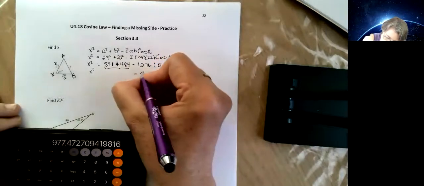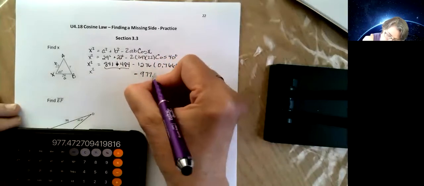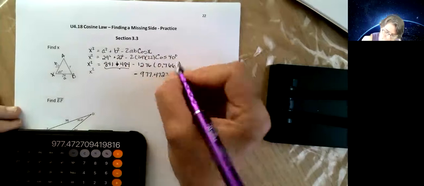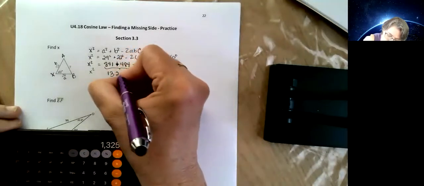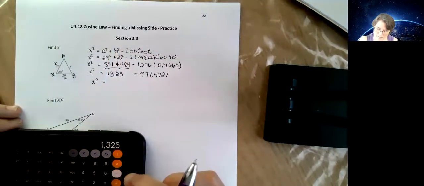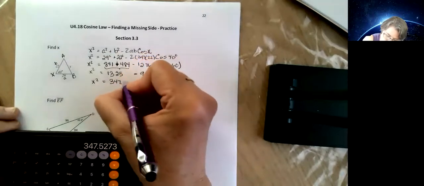So minus 977.477. 841 plus 484 is 1325. Minus 977.727 gives 347.5273.